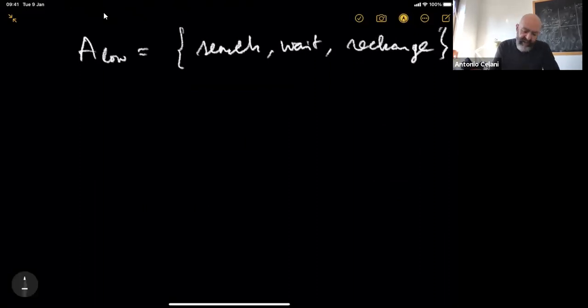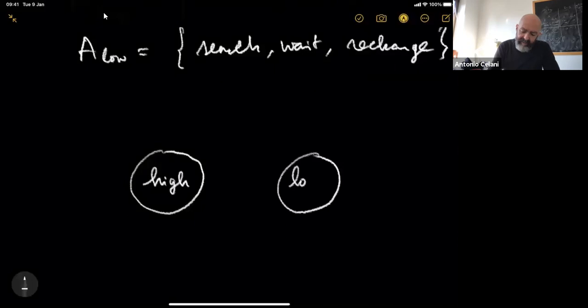Okay, so the graphical description, like I said, is rather simple. There are two states, high and low on battery. And like I said, if you're high on battery, you can take the action of waiting. Reasonably, if you wait, you don't consume charge, you don't consume battery, so you keep staying on the same charge state.